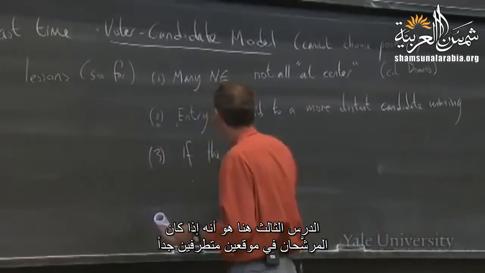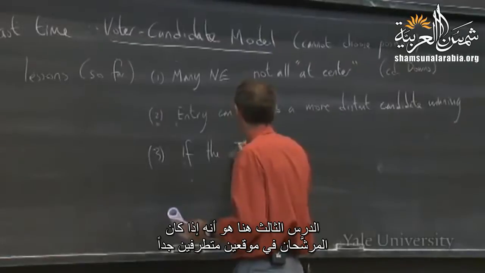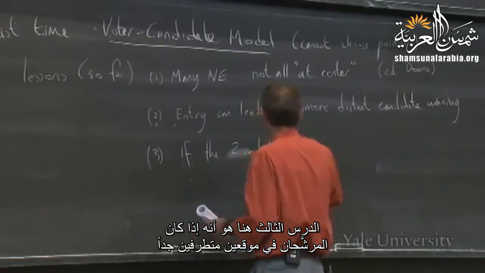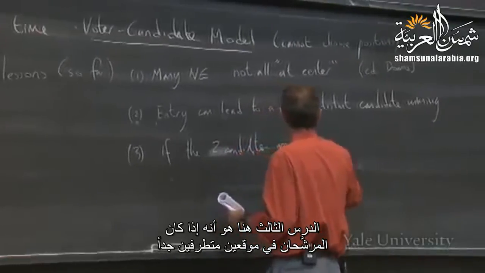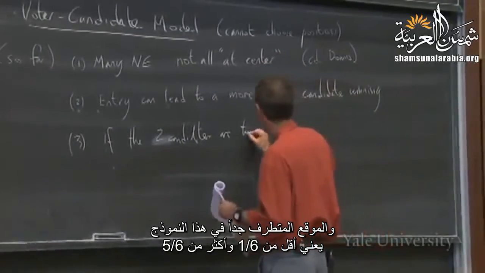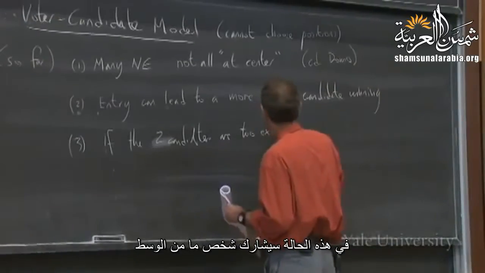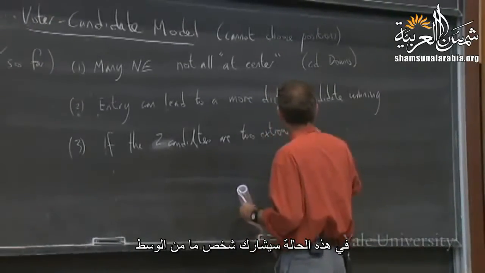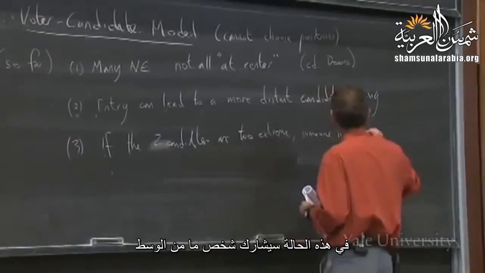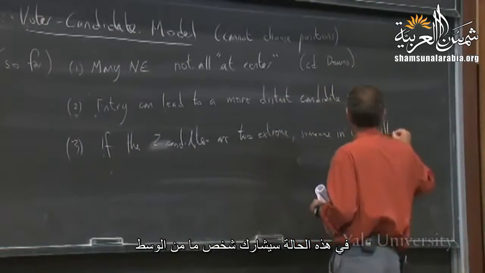if the two candidates are too extreme, where too extreme in this model meant less than a 1/6 and more than 5/6, someone in the center will enter.